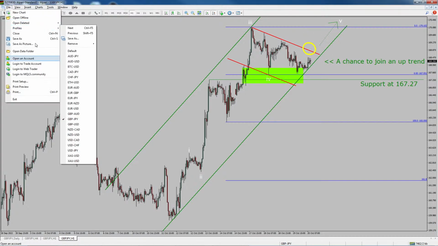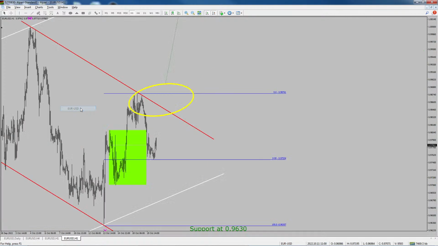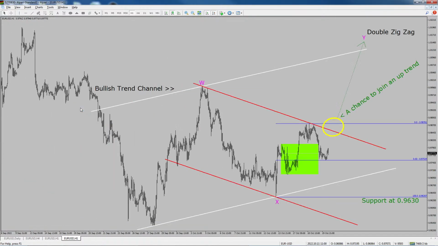Now going back to the euro USD, the second zigzag would manage to close above the 1.000 level.